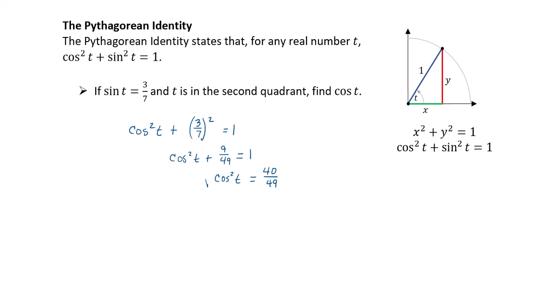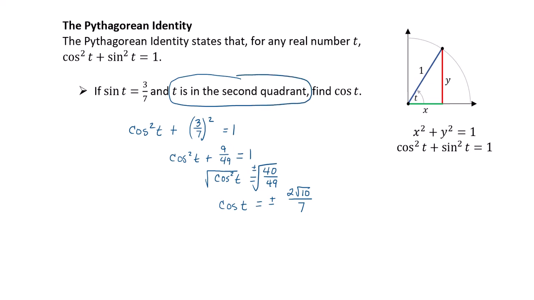Now I take the square root. Don't forget your plus minus. I have the cosine of t now on the left side. On the right side, I have plus or minus square root of 40, which simplifies down to 2 square roots of 10, and the square root of 49 simplifies to 7. So I have two values here, but we've been told that we're looking for t in the second quadrant.